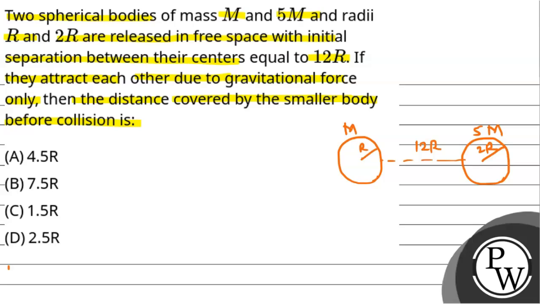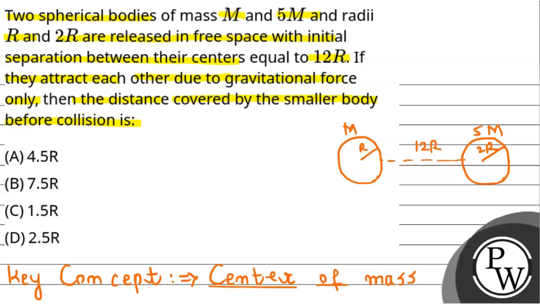So let's start with the solution. But before that, let's talk about the key concept which we are going to use here for this question. Here we will use the concept of center of mass. Center of mass is a point where the mass of the object is considered to be concentrated, and in that case the body is said to be in equilibrium position.